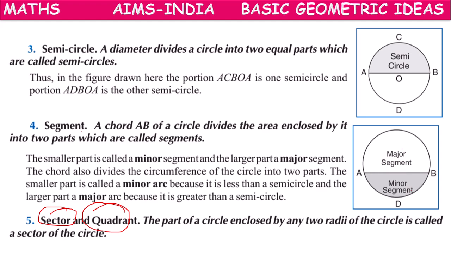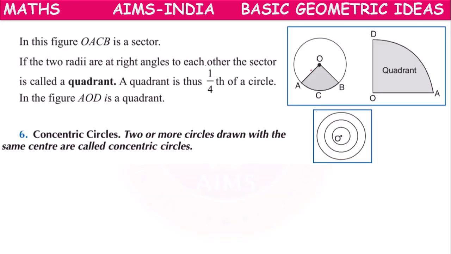The part of a circle enclosed by any two radii of a circle is called a sector. Means, this is the circle, and this is the center point O. OA is a radius, OB is a radius.